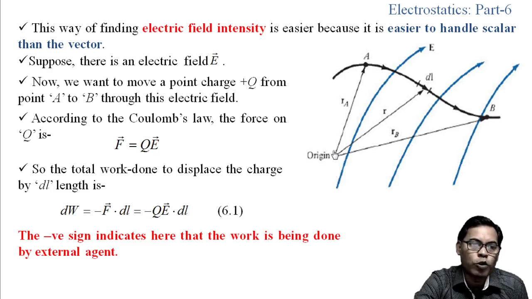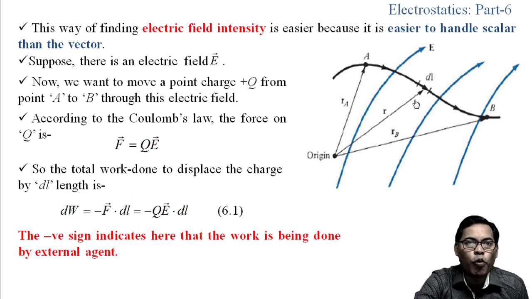Now to find the total work done to move the plus q charge from point A to point B, we take a small length dl, whose distance from the origin of the coordinate system is small r.